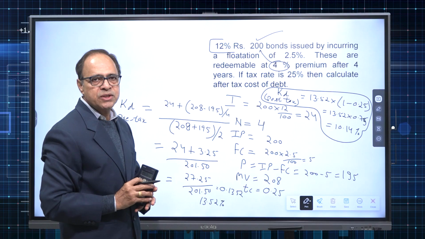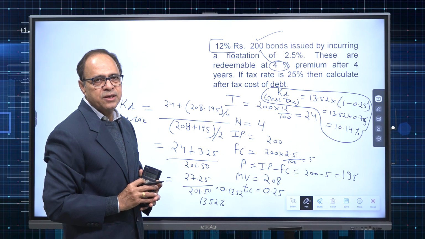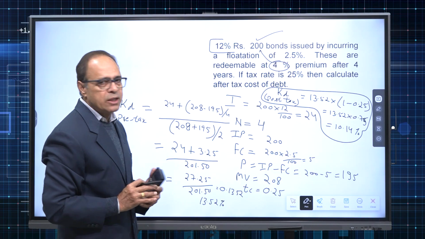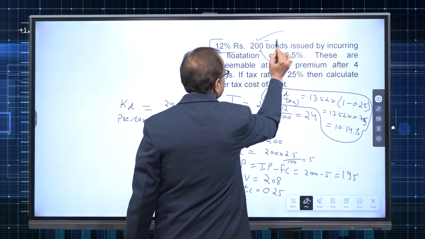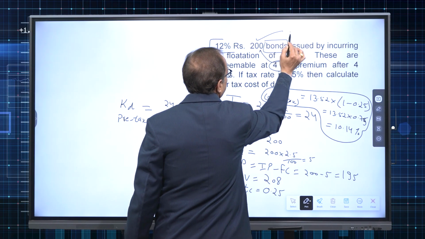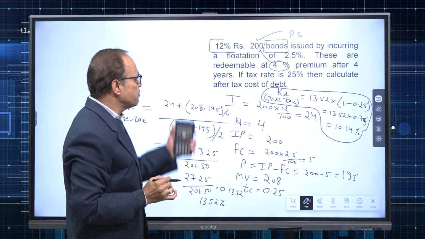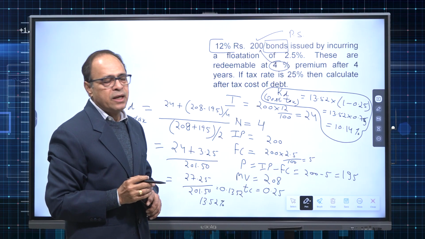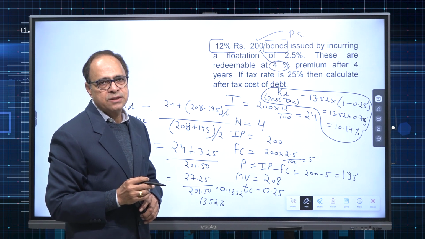Once you have a glance of this numerical, we can further proceed for practicing another numerical. But before that, I will give you a home assignment. If this bond word is replaced by preference share, I repeat it again, if this bond word is replaced by preference share, then what will be the after tax cost of those preference shares?